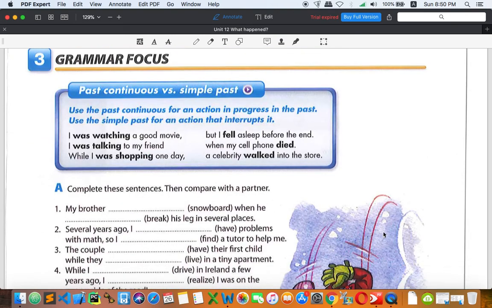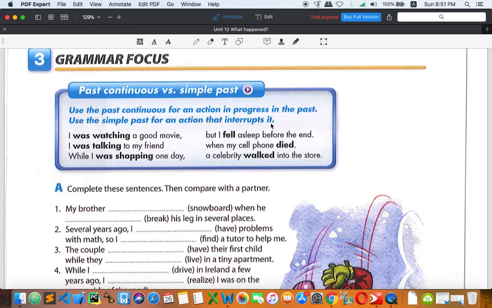Past continuous and past simple. This grammar point, we're going to focus on these two. Let's read a little bit before we go to the example. Use the past continuous for an action in progress in the past. Progress, it's happening. Use the simple past for an action that interrupts it.